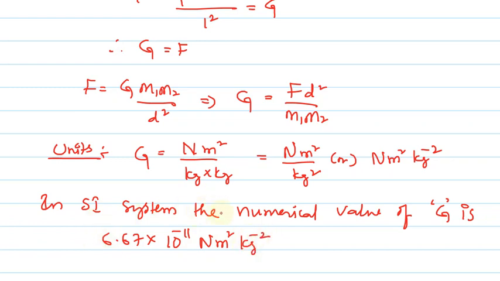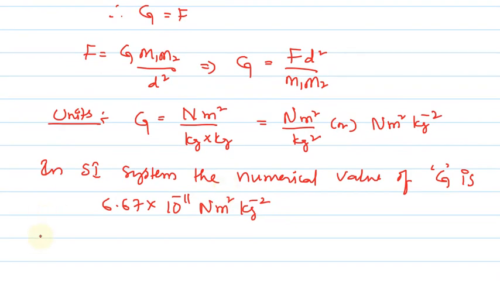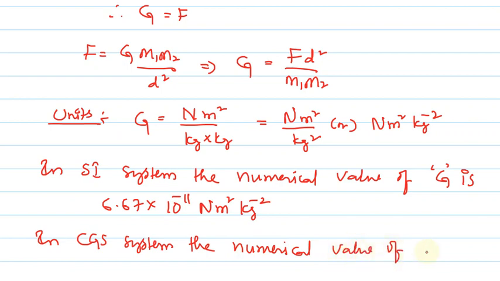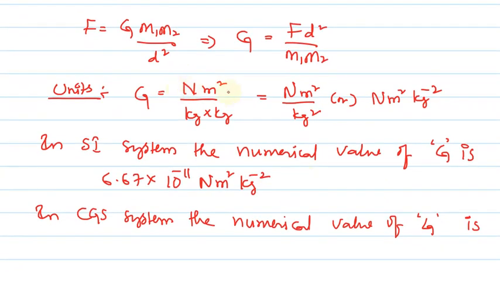The value in the CGS system: in the CGS system, the numerical value of G, the universal gravitational constant, has units dyne centimeter square per gram square.